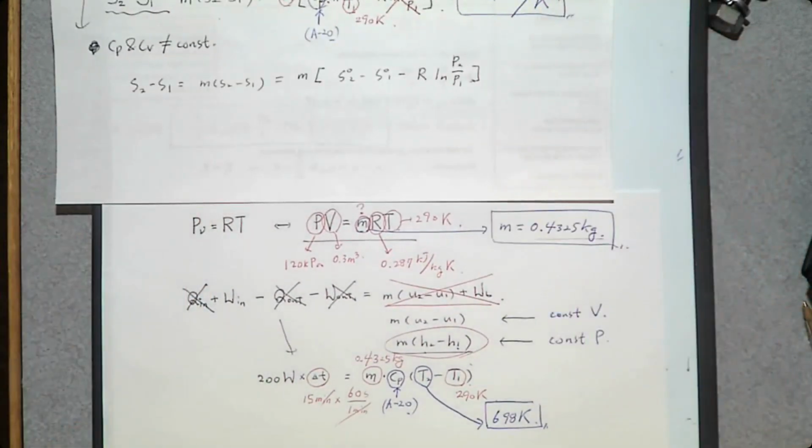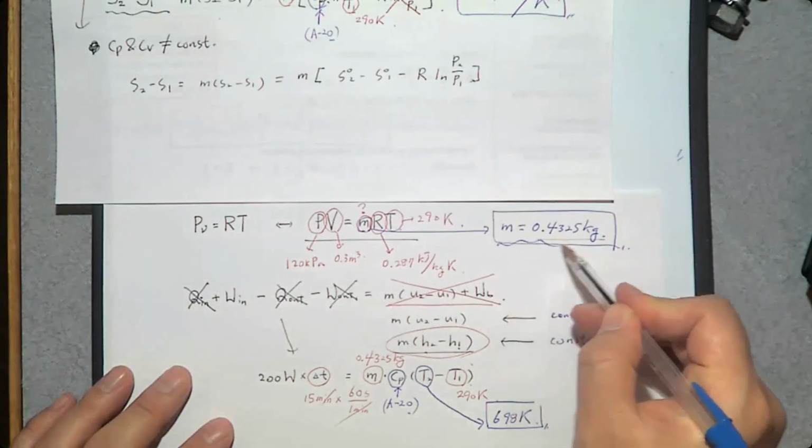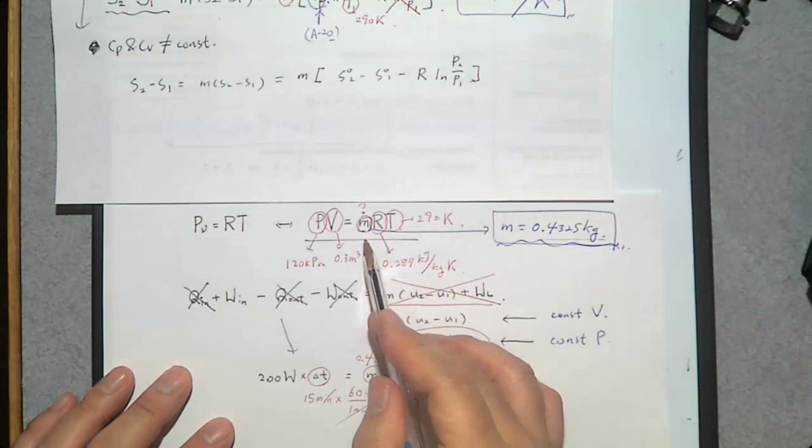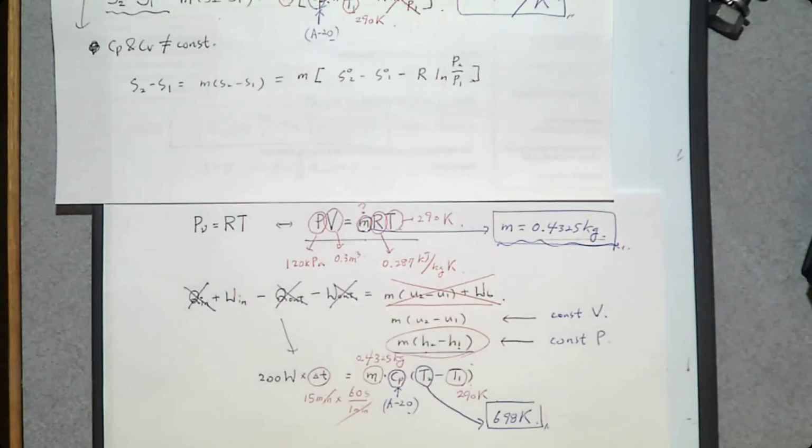In this equation, we already determined the mass of the system by using this ideal gas equation of state. So we can use this mass in this entropy equation.